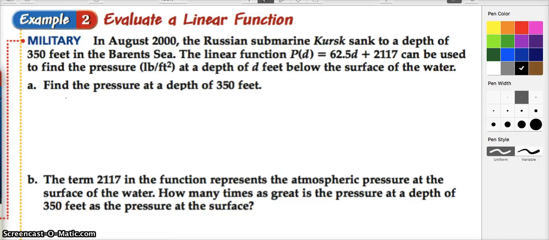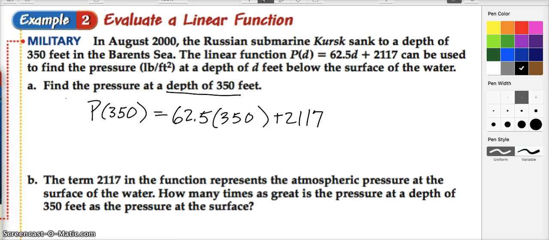So find the pressure at depth 350 feet. Well, the depth, D, is 350. The pressure, P of D, we're going to find by plugging in 350 for D and solving for P of D. So this is basically what we're doing. We're plugging 350 in for D into the equation, and so we figure out the pressure at this depth.